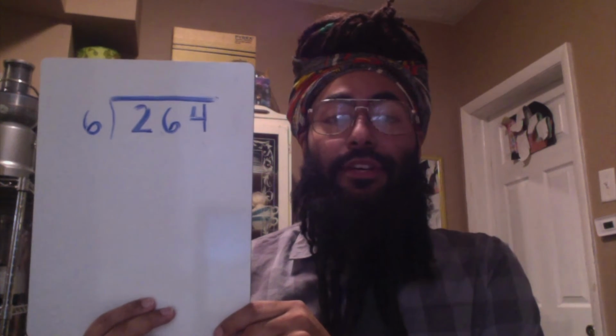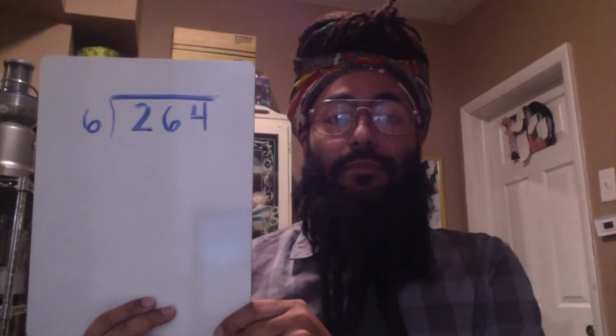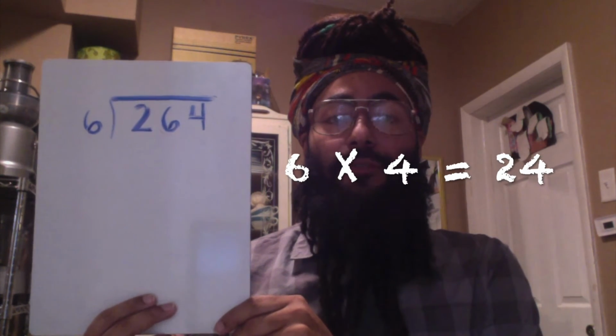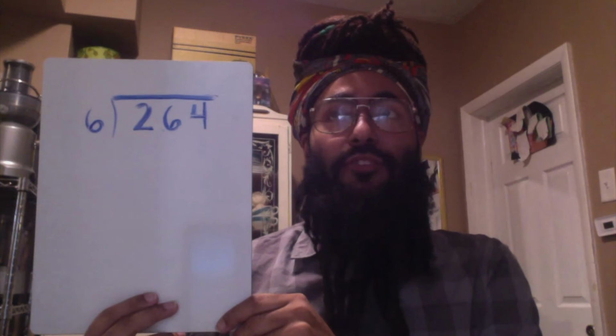Can I put 6 into 2? No. So now I've got to ask myself, how many times can I put 6 into 26? Since I'm not sure how many times 6 goes into 26, I can just go through my 6 times table. I know that 6 times 1 is 6, 6 times 2 is 12, 6 times 3 is 18, 6 times 4 is 24. 24 is pretty close to 26.